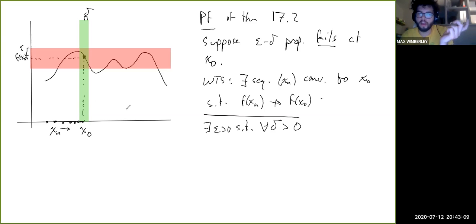That means that not all of the values of f of x, when x is within that delta, are within epsilon away from f of x naught, right?